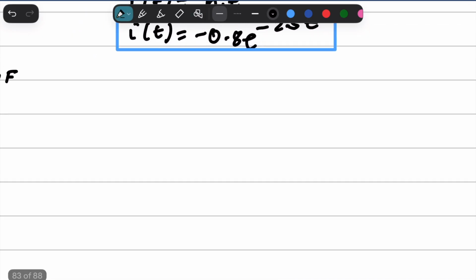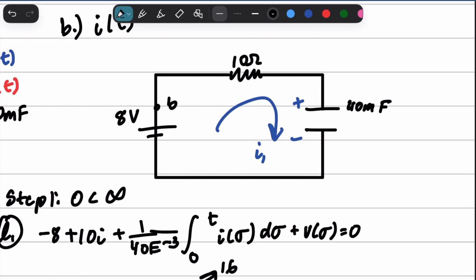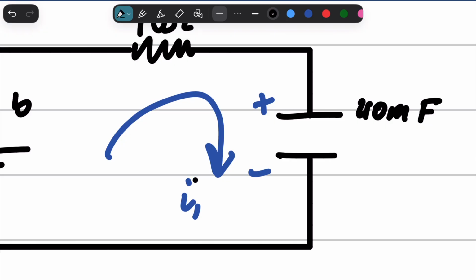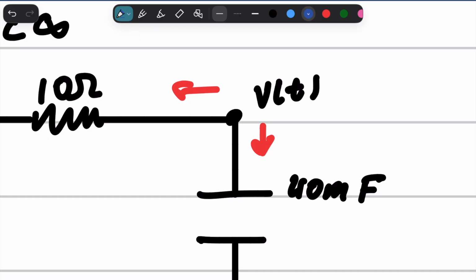We can obviously check with a nodal analysis, and the way that we check with a nodal analysis is we think about this. We have our I1, but in our nodal analysis you'll see that our I1 is actually going into this node and then out of this node, right?